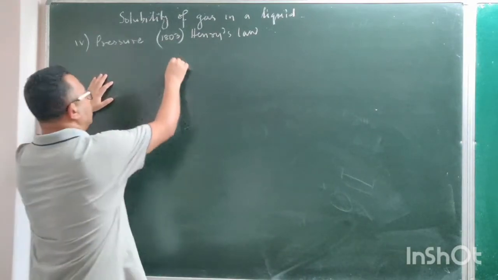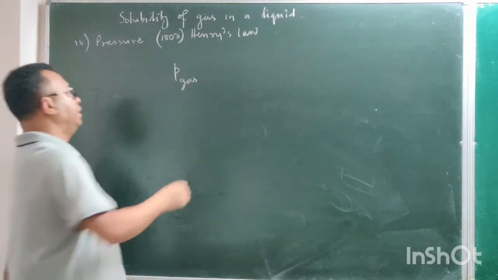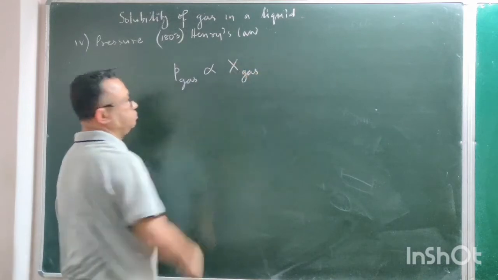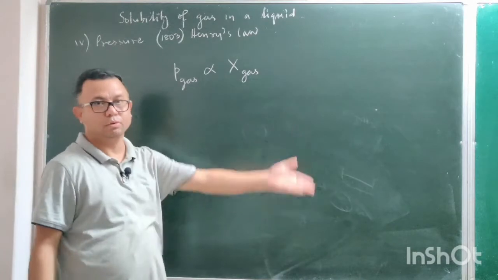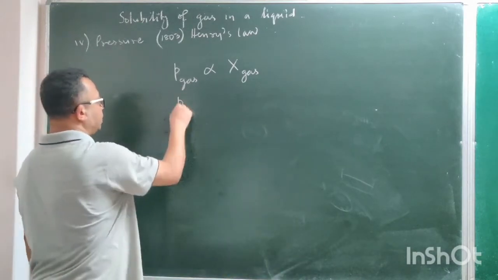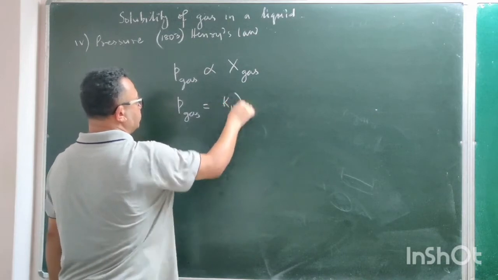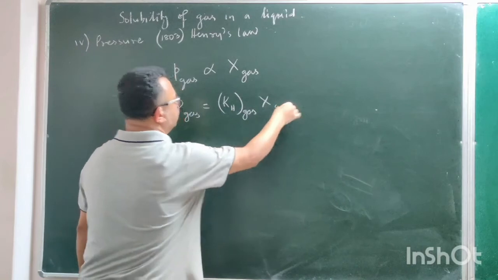Now here, the partial pressure of the gas, if I write this as partial pressure P, is directly proportional to the mole fraction of the gas. Again, if I want to convert this proportional sign into an equal to sign, then the partial pressure of the gas is equal to Henry's law constant KH of the gas into the mole fraction of the gas.